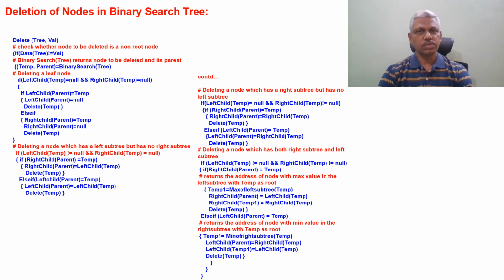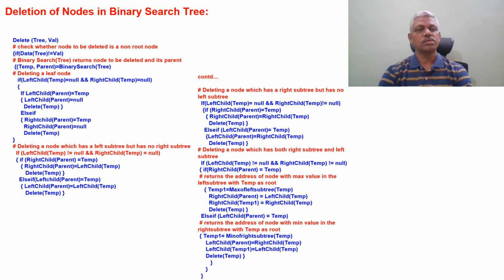Once the algorithm returns temp comma parent, then we need to delete the value. There are three cases as we discussed in the previous slide. In the first case, we need to delete a leaf node. How do you identify the leaf node? If the left child and the right child of temp are equal to null, then it is a leaf node. The node to be deleted may be a left child or a right child.